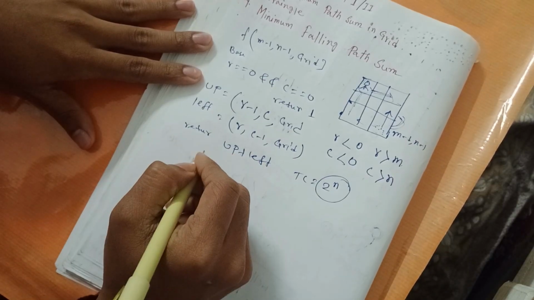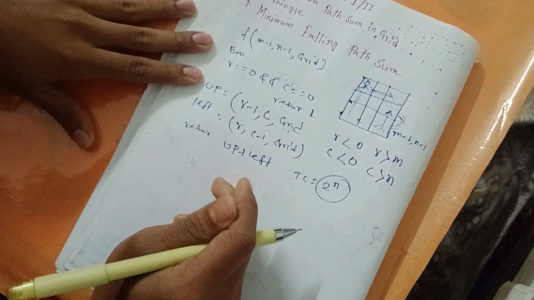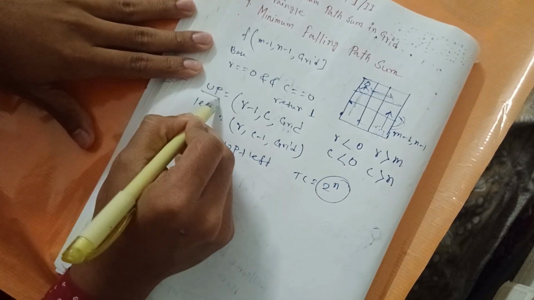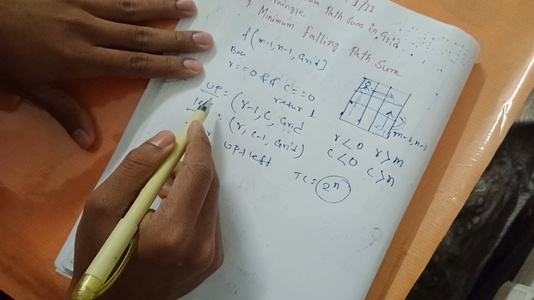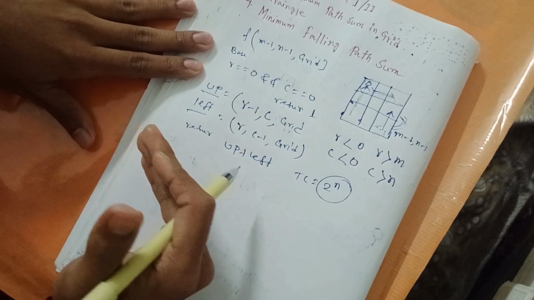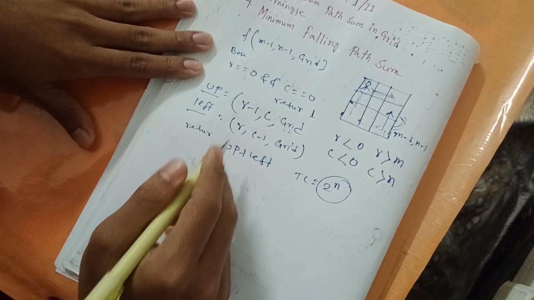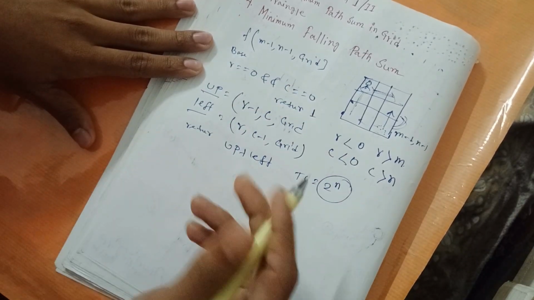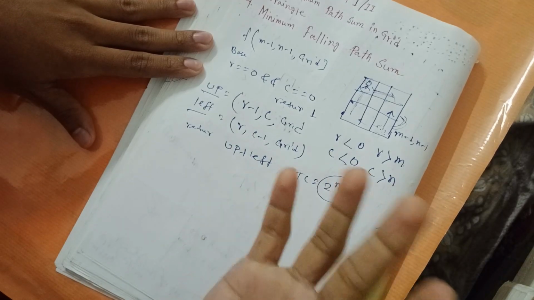So first of all you see what the changing parameters are here. Here the changing parameters are up and left. For two changing parameters we need 2D DP. For three changing parameters we need 3D DP. That's the thinking of how much DP you need.